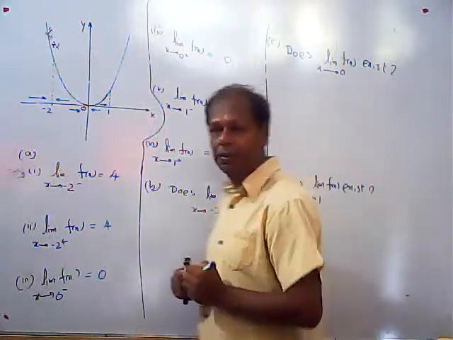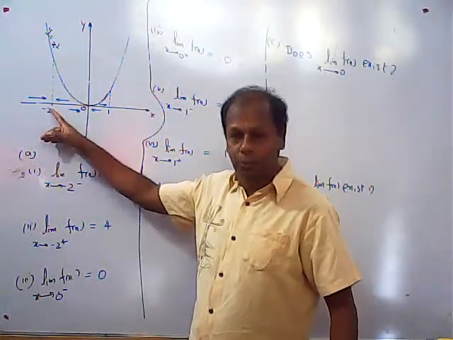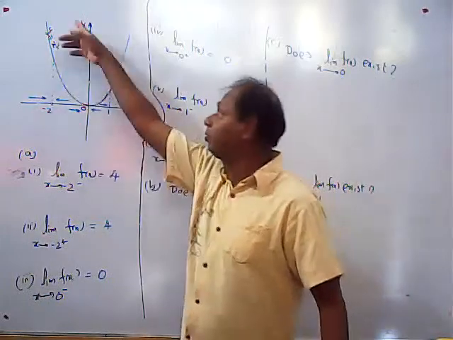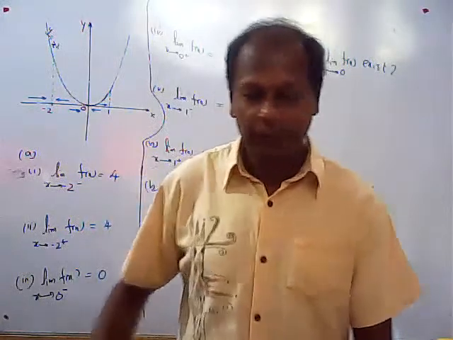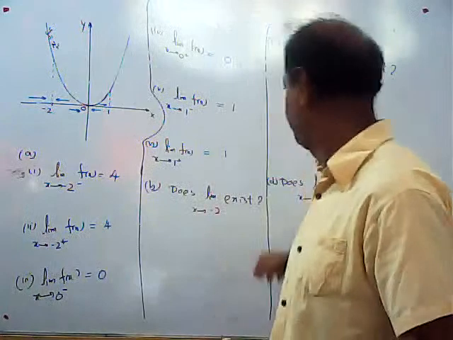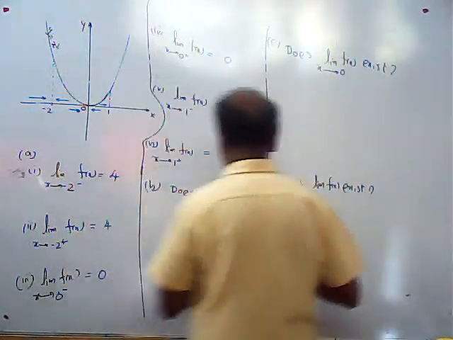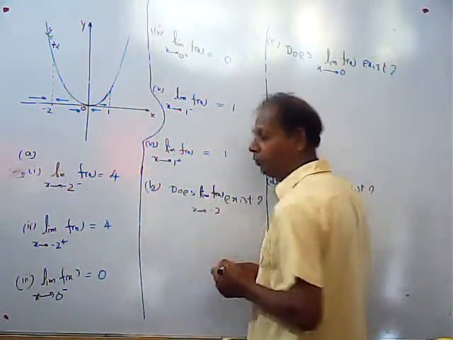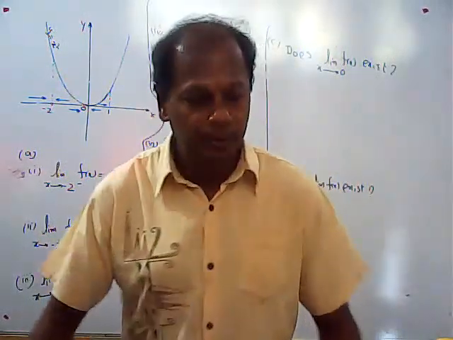Right? Now the question, does the limit exist at -2? Does the limit of this function exist at -2? Yes or no? Your answer? Limit as x goes to -2 of f(x) exists or not?